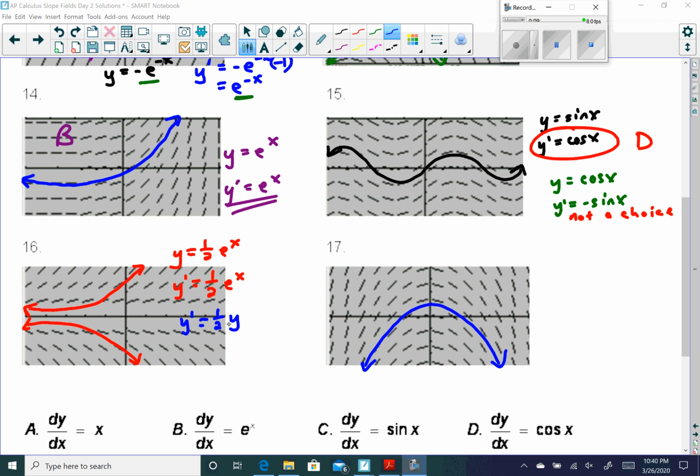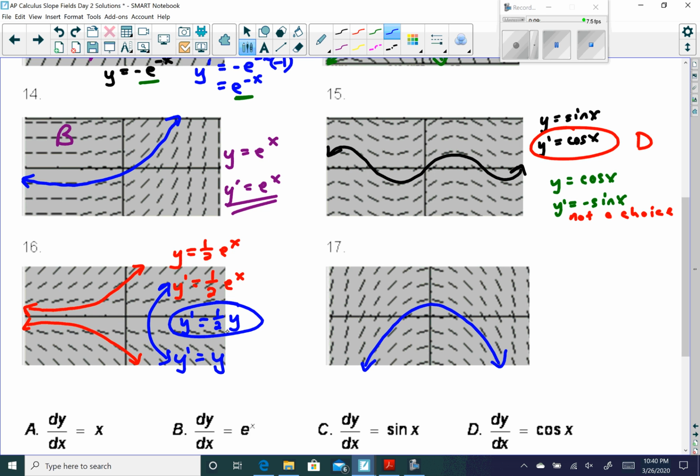And I say that with 1/2 y because y prime equaling y is not an option, but y prime equals 1/2 y is, so we're very close with how we were thinking of it. So again, this would actually be connected, but since this was not a choice, we're going to the next best one. So y prime is equal to 1/2 times y.